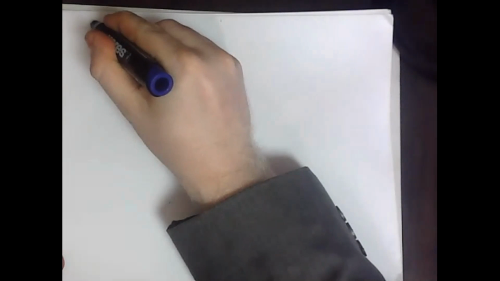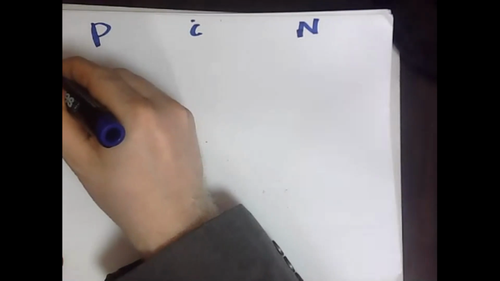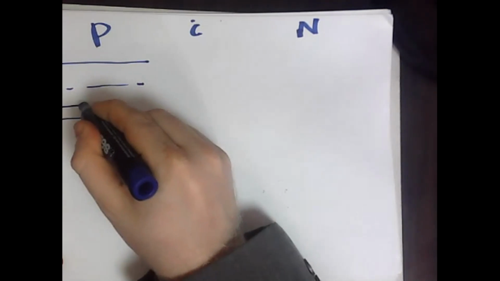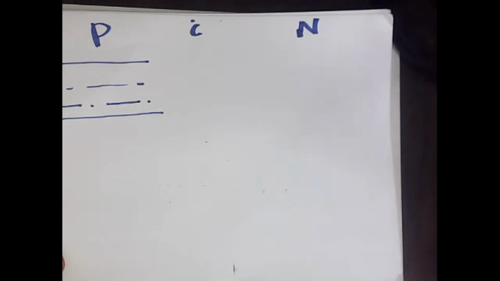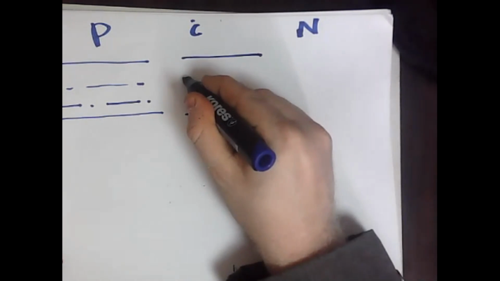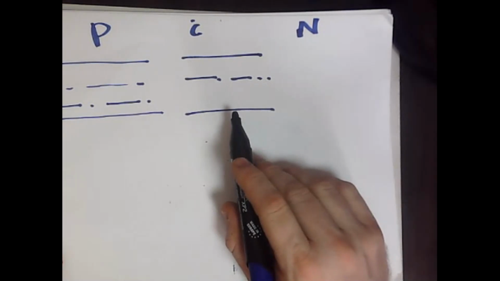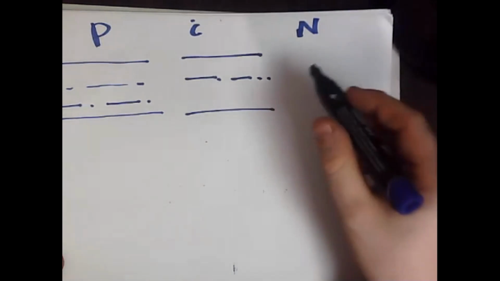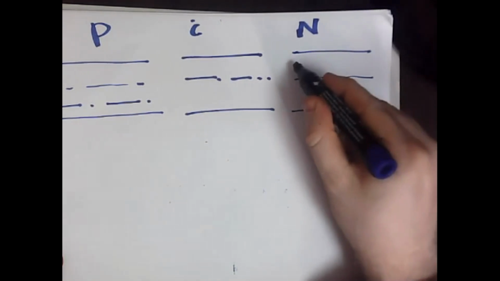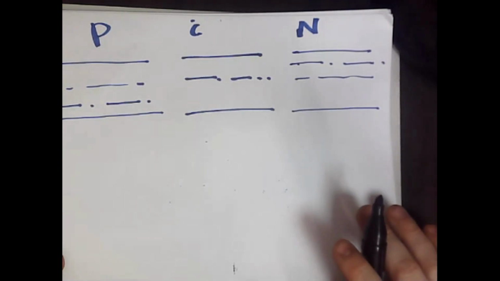In the P region, the Fermi level is closer to the valence band rather than to the conduction band. In the intrinsic region, the Fermi level is directly in the center, overlapped over E_Fi, the Fermi level at intrinsic. And in the N region, the Fermi level is closer to the conduction band. So this is the first step.